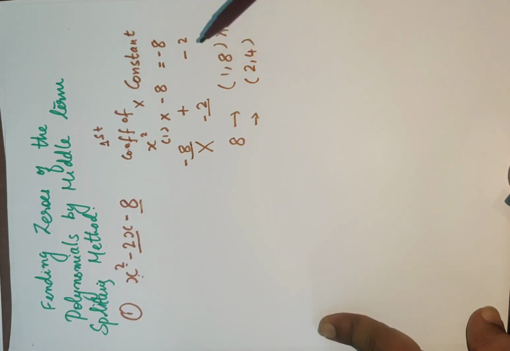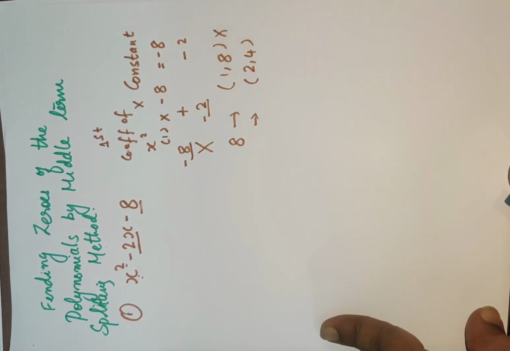So 1 into 8 is 8, that is fine, but when we add 1 plus 8 it will become 9, but we need minus 2. If you subtract 1 minus 8, that is minus 7, so this is not a correct pair.